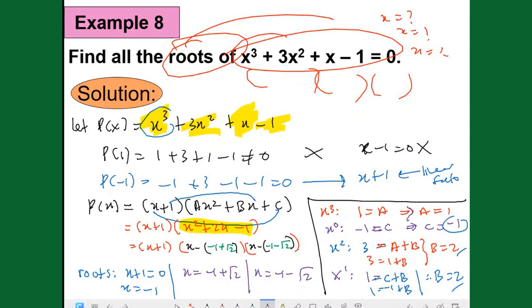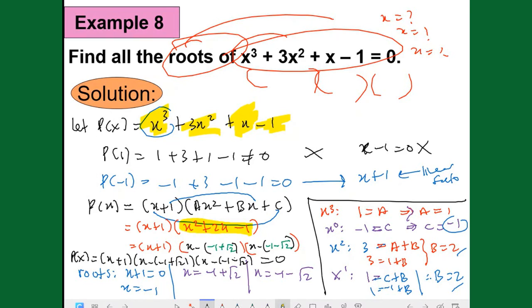Sekejap saya tengok soalan dulu. So find all the roots. Kalau saya salah, saya tak dapat marker penuh ni. Kena ada ni dulu, P of x is equal to 0. Kena buat juga. Ini x minus negative 1 plus square root of 2, okay, x minus negative 1 minus square root of 2, or in decimal, is equal to 0.